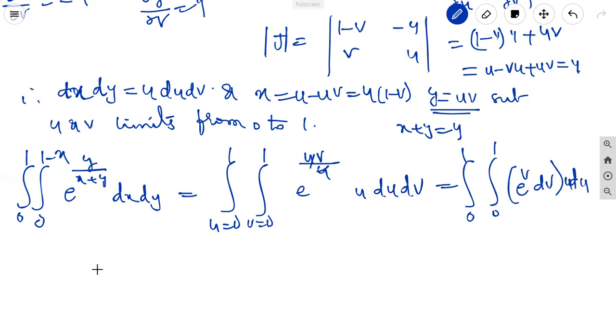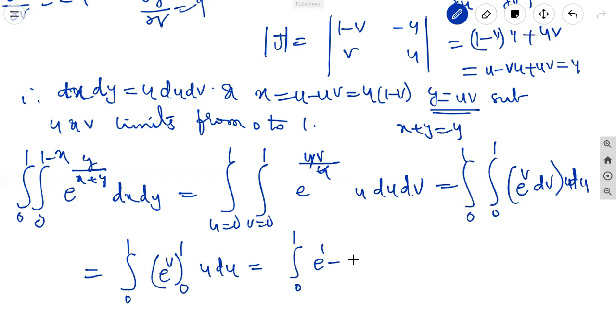E power v dv equal to integral 0 to 1 e power v only, limits from 0 to 1, u du. It is equal to integral 0 to 1, e power 1 minus e power 0, into u du. That is equal to e minus 1, a constant, outside, integral 0 to 1 u du.